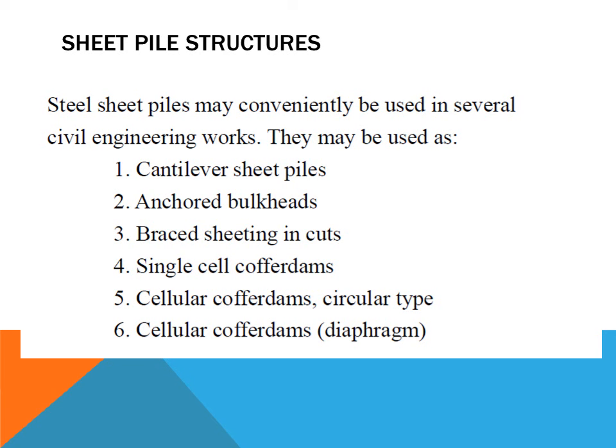The structures of the sheet pile wall may consist of the following items: the cantilever type of sheet piles, or anchored bulkheads added to the sheet piles, braced sheeting in cut, the single cell cofferdam, the cellular cofferdams in circular type, or the circular cofferdam in different type.